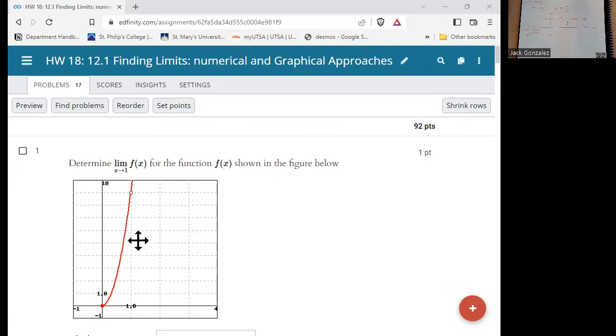It's all f of x. See the notation they write, limit as x approaches 1. This is asking you, what is the function doing as we approach the x value 1 down here from both sides?